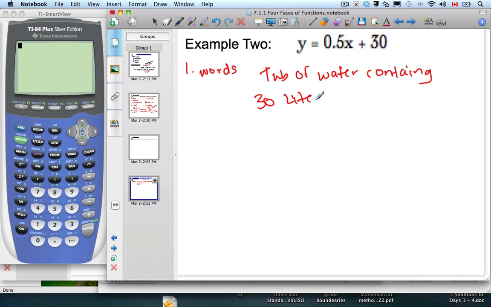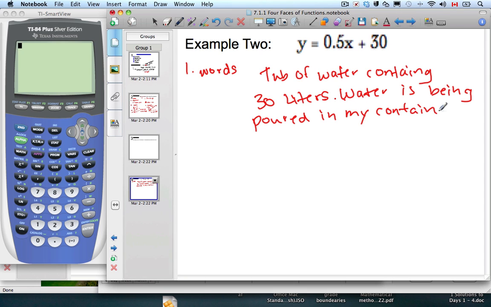Water is being poured into my container at a rate of 0.5 liters per minute. Yep. All right. There we go. There's our words.